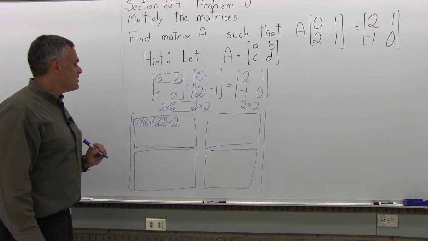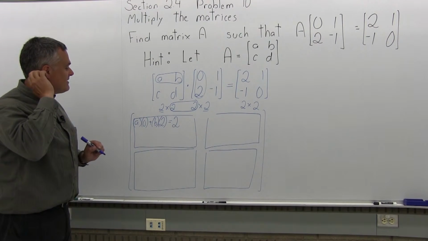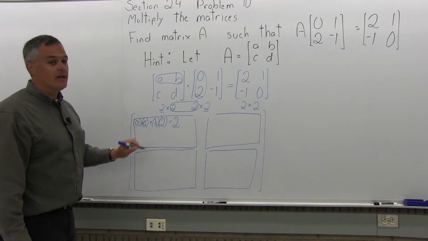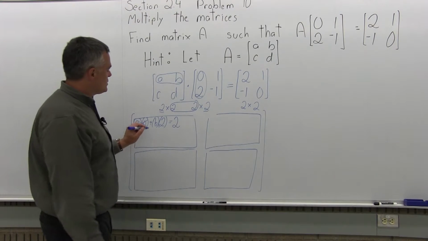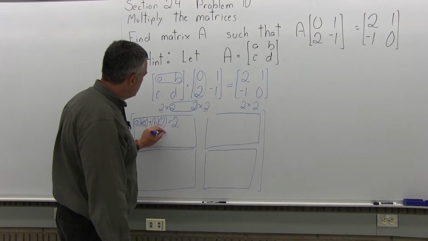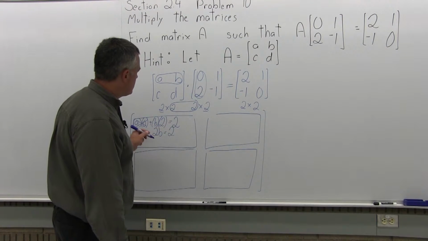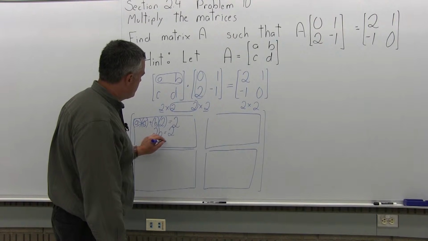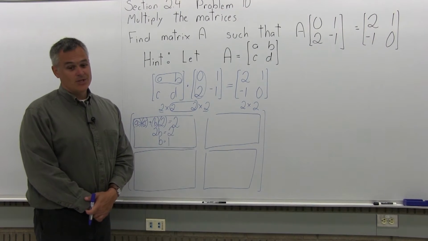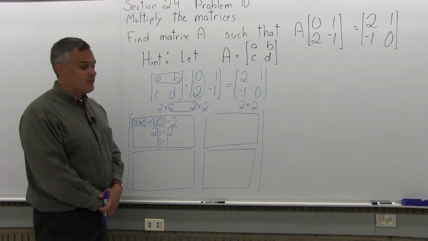So now when I simplify this equation a little bit, a times 0 from first times first is just 0. That can just be thrown away. So b times 2, I have 2b equals 2. So if I divide out the 2 in front, I'll see pretty quickly that b is equal to 1. So now there's one of my 4 answers.